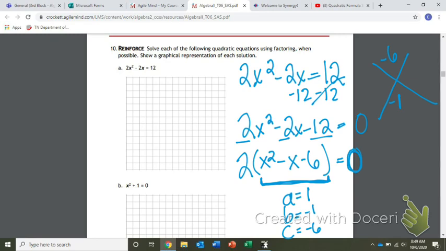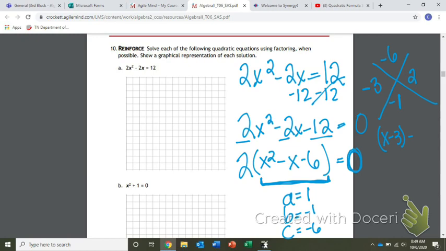We need something that adds to get negative 1 but multiplies to get negative 6. Negative 3 and positive 2. So now, remember to attach your x.